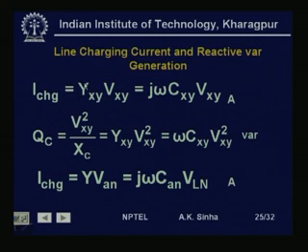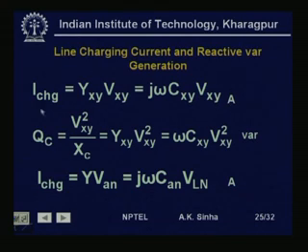If we are finding it between two conductors x and y, then we will find the admittance for CXY as YXY, and the charging current will be YXY into VXY. This is equal to j omega CXY into VXY amperes.